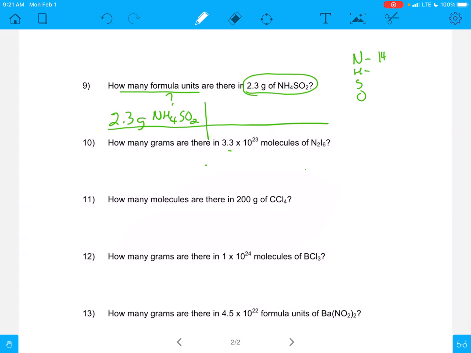There's 4 hydrogens, 4 times 1 of those. There's 1 sulfur, and that's 32. And there's 2 oxygens, and there's 16. So let's add that up to get that molar mass here. How am I going to do that?